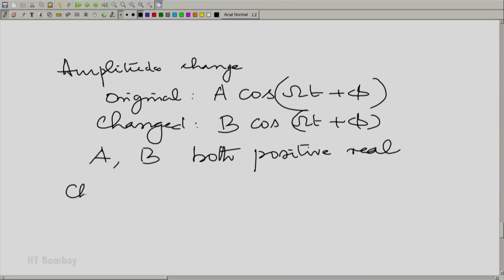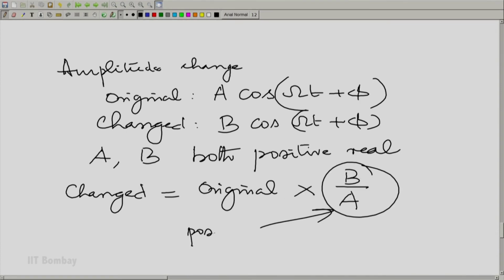Then the changed sinusoid is equal to the original sinusoid multiplied by B by A, which is also a positive real number. So, it is very simple. The change of amplitude in a sinusoid is beautifully and simply described by just a multiplying constant.